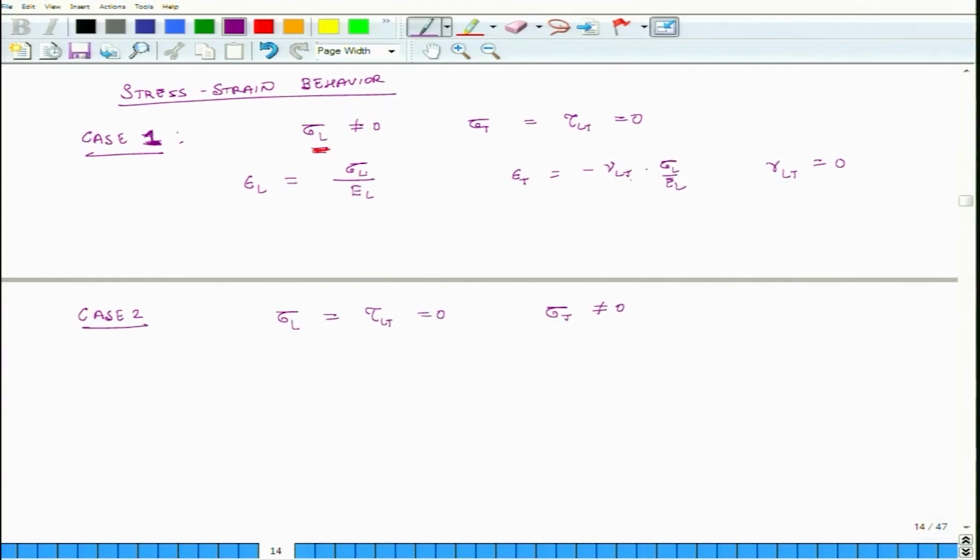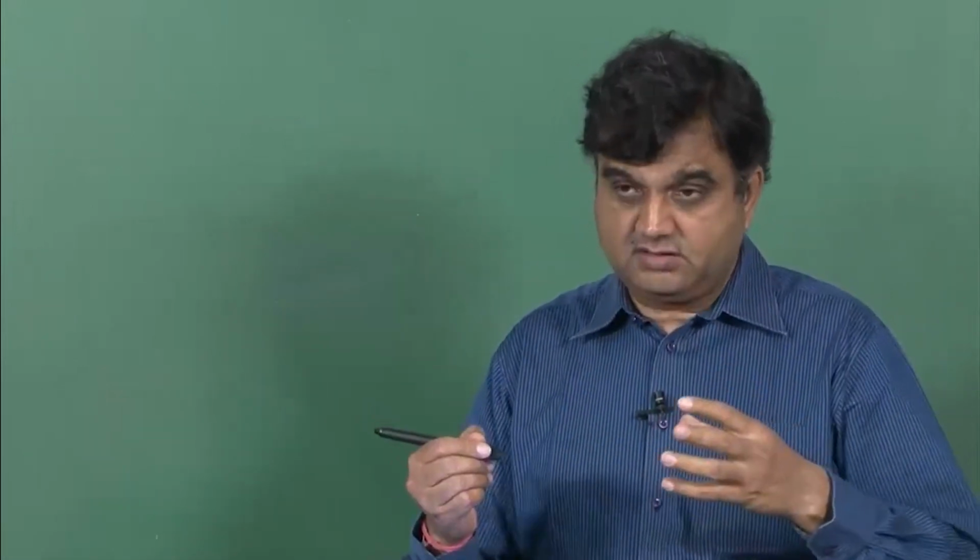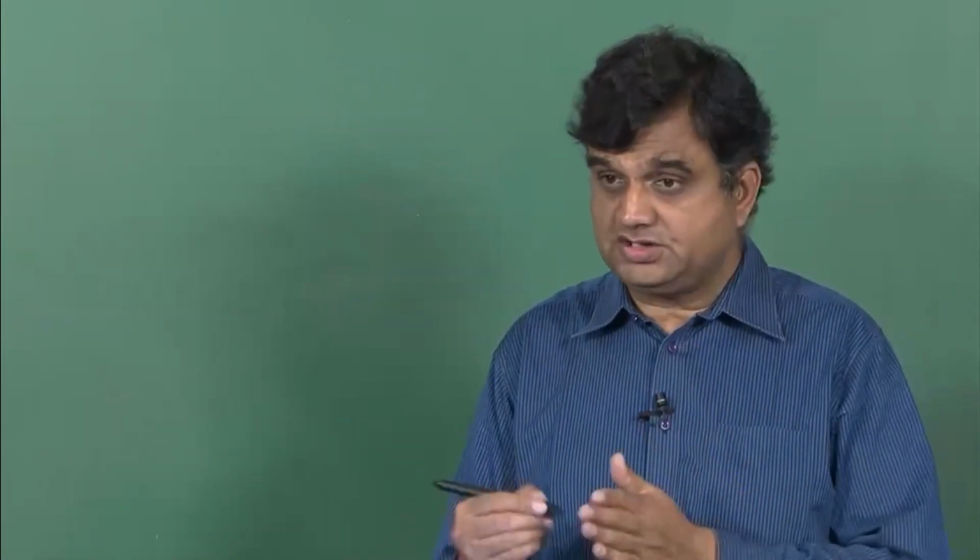So, when I apply a pure transverse stress, what will happen? It will have a transverse strain. So, epsilon T equals sigma T by ET, and as this thing becomes longer in the transverse direction, it will also become narrower in the longitudinal direction because of Poisson's effect.